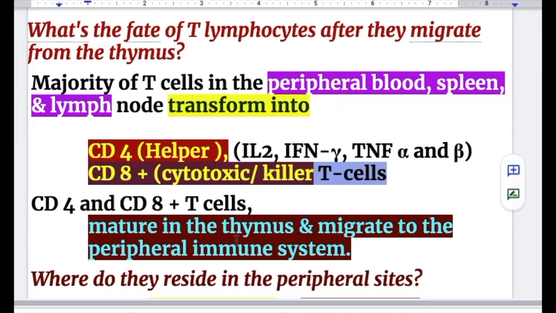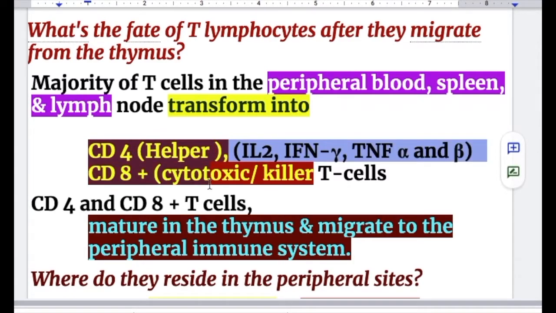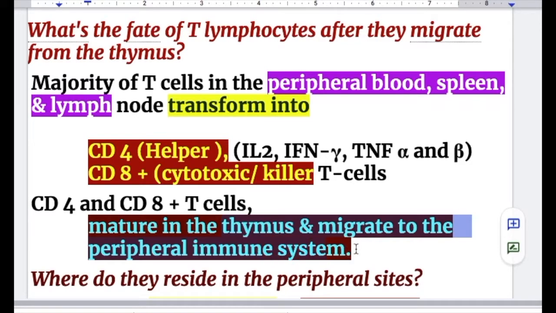They also produce cytokines. So 2% of the lymphocytes are in the circulation and 80% in the lymphoid organs, and after they migrate from the thymus they are transformed into two types of cells, CD4 or helper cells and CD8 or the cytotoxic or killer cells. So CD4 and CD8 T cells mature in the thymus and migrate to the peripheral immune system.